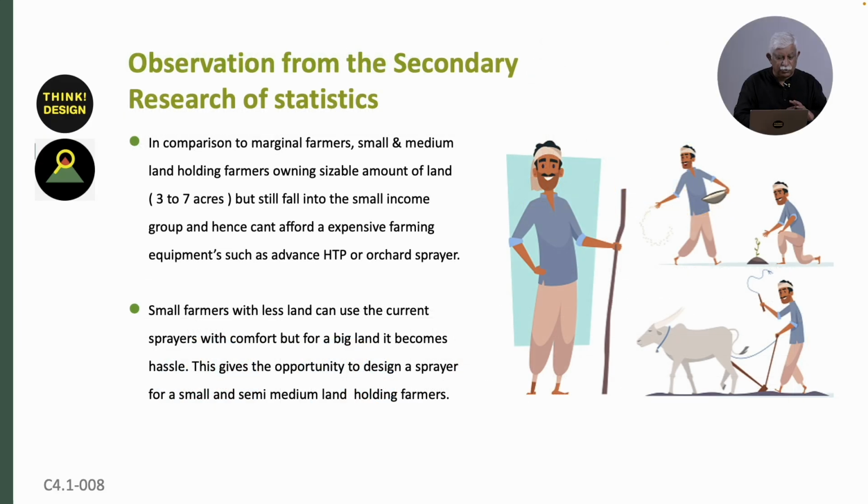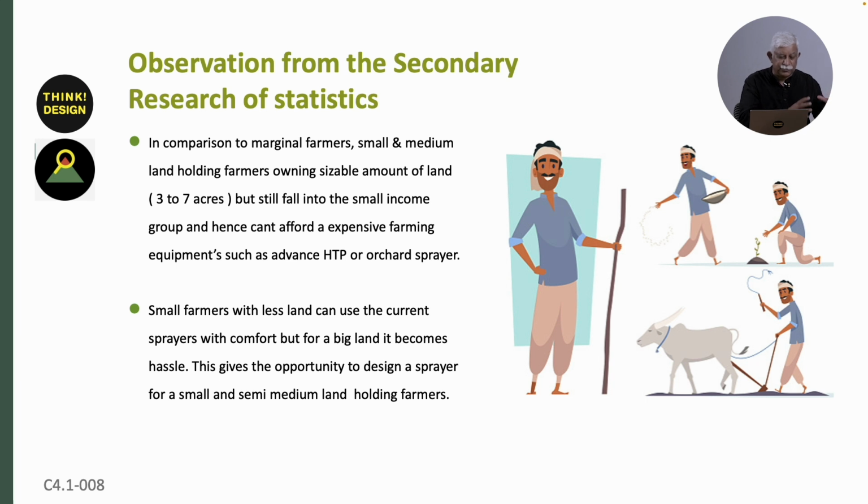The student also looked at inputs from the secondary research and the statistics, and he realized that there are a lot of marginal farmers. They hold small pieces of land from 3 to 7 acres. Their income is not enough for them to afford high-end equipment for spraying. So that was one finding he had.